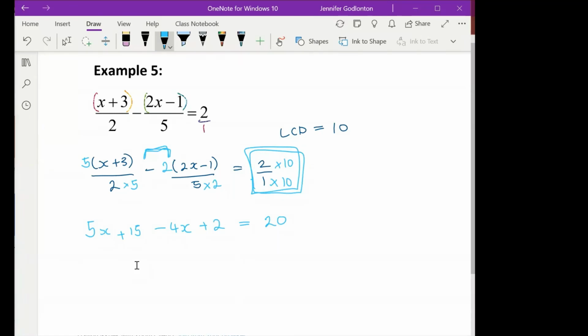And then you're going to say 5x minus 4x equals 20 minus 2, minus 15. Beautiful. Left hand side. And then you're going to say x equals 3. Yay, well done. Beautiful, beautiful, beautiful.